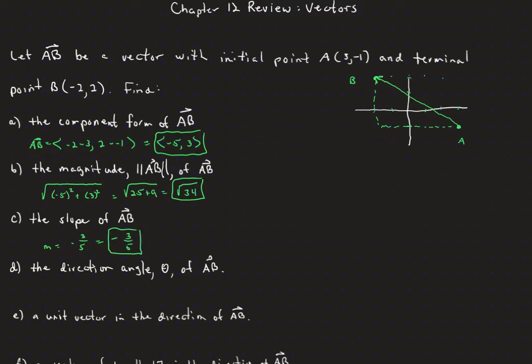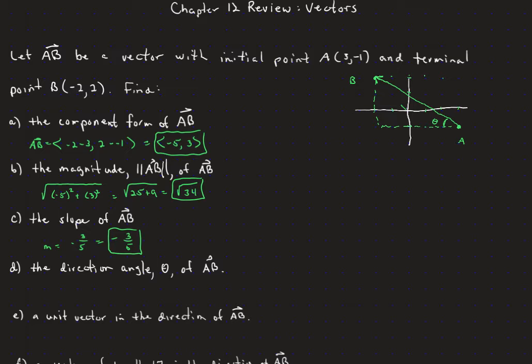The direction angle, theta, of vector AB, we're going to have to do a little interpretation here. So looking at this kind of triangle that we formed, we're imagining now that we move this actually into standard position. So I'm going to change colors here.